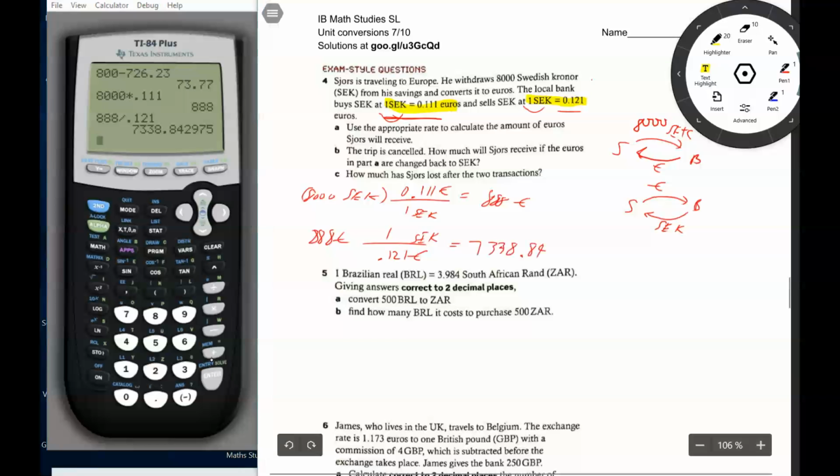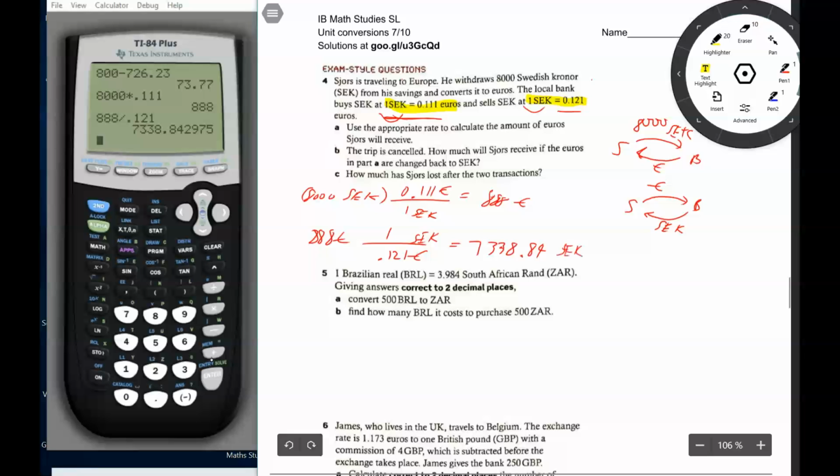So that was part B. Oh, I'm sorry, change back to SEK. Okay, and so actually this is SEK, right?